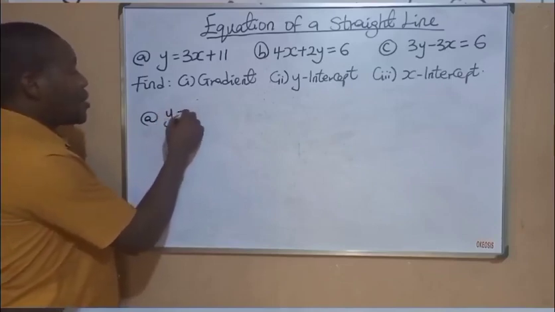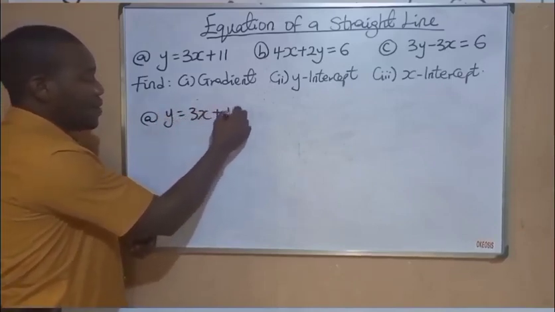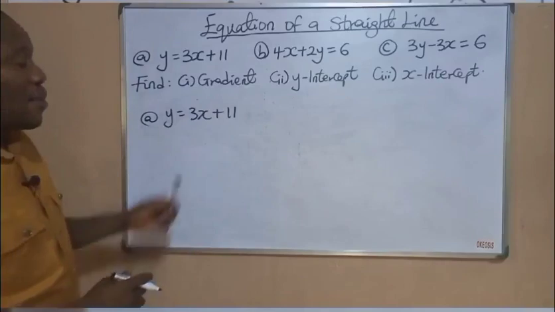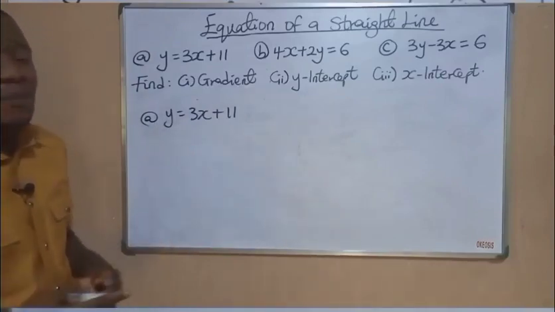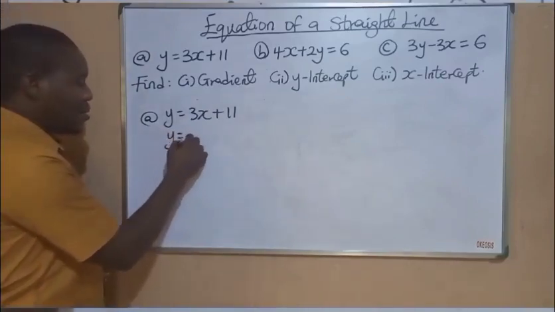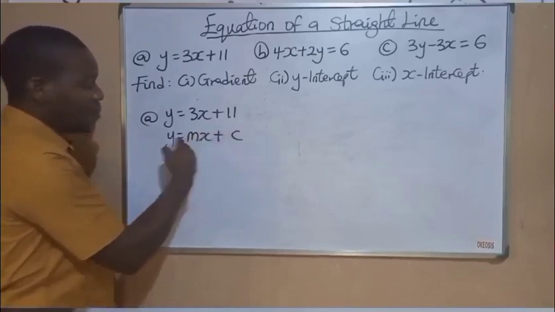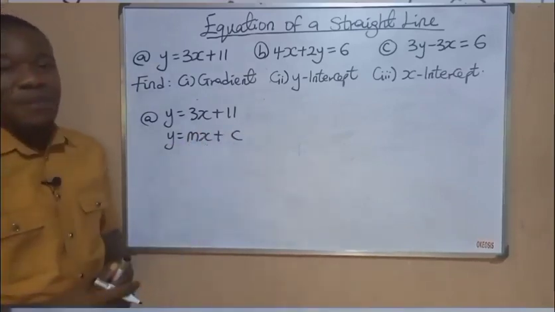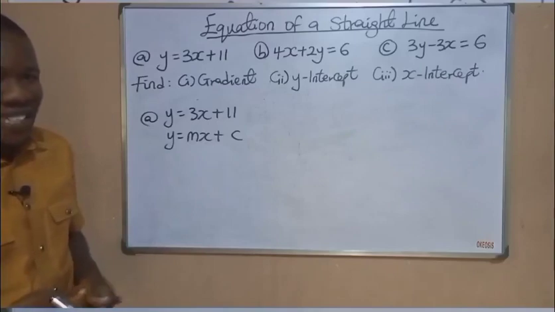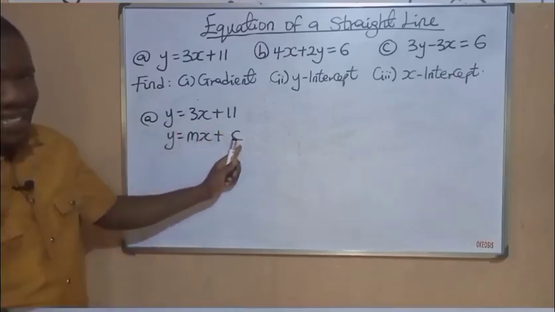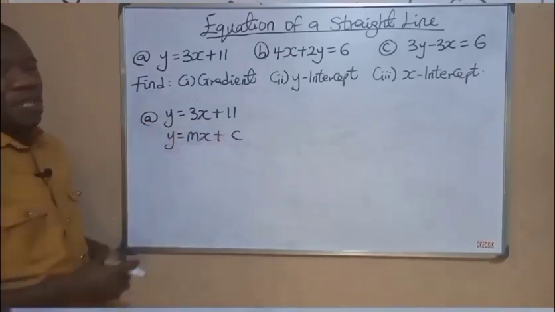I have y is equal to 3x plus 11, the formula that was given. I will compare this formula with the general formula which states that y is equal to mx plus c. We talked about this as the general formula for every equation of a straight line in gradient-intercept form. So we compare the two equations.